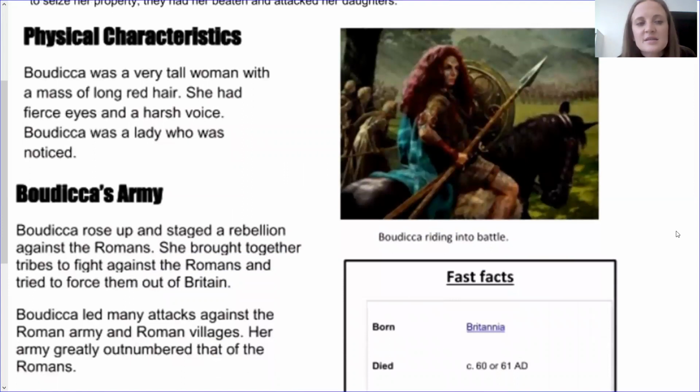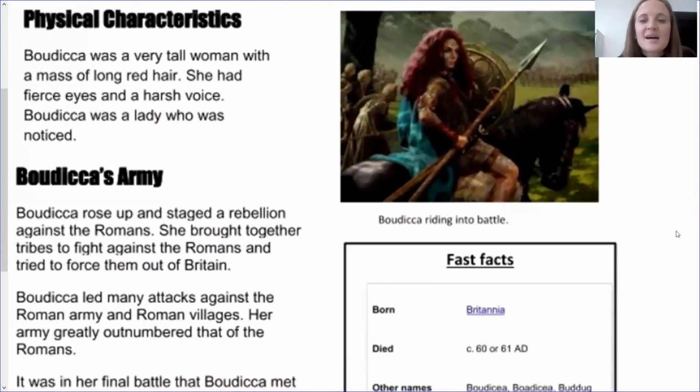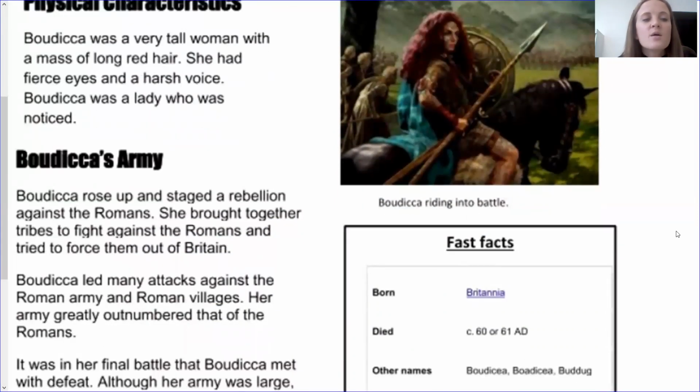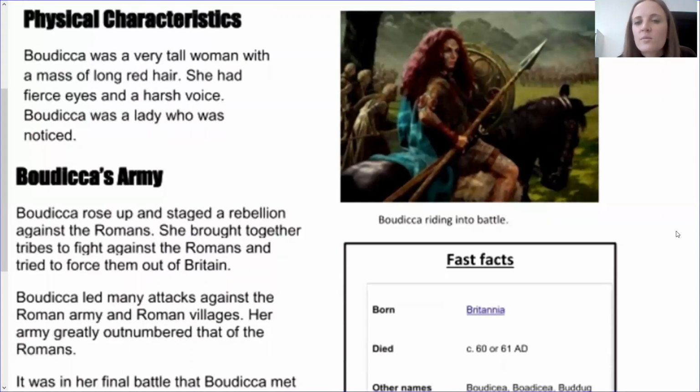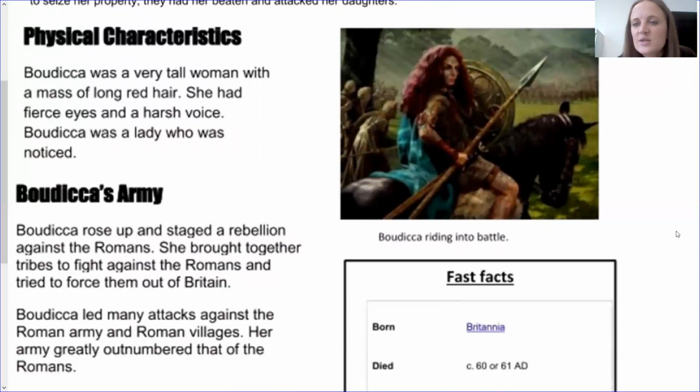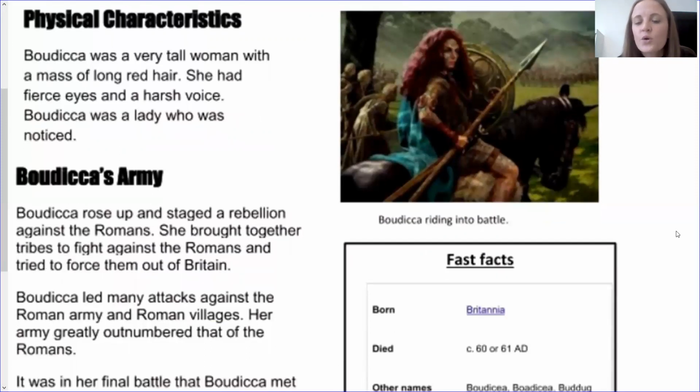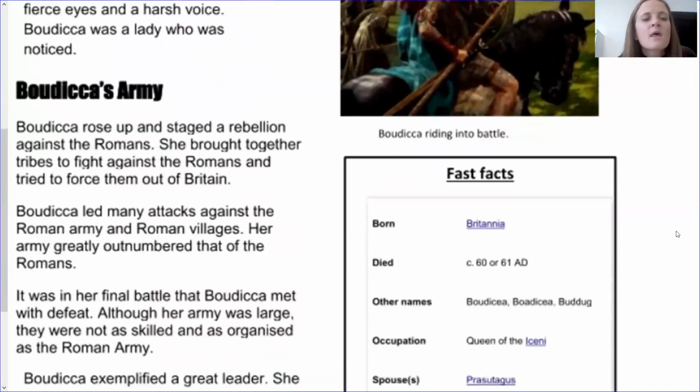Physical characteristics. Boudica was a very tall woman with a mass of long red hair. She had fierce eyes and a harsh voice. Boudica was a lady who was noticed. We've got a picture of Boudica there riding into battle. We've got our little caption of Boudica riding into battle.